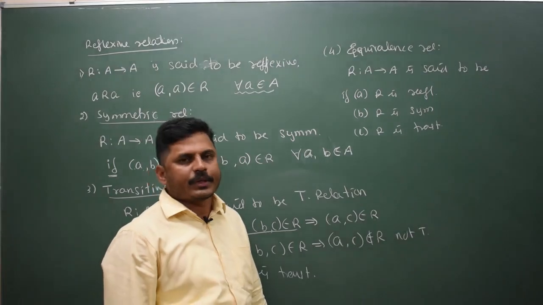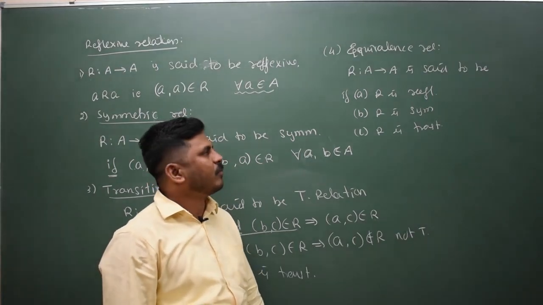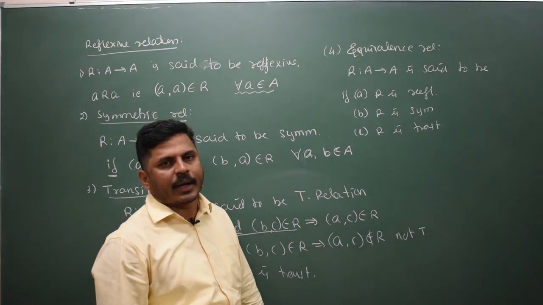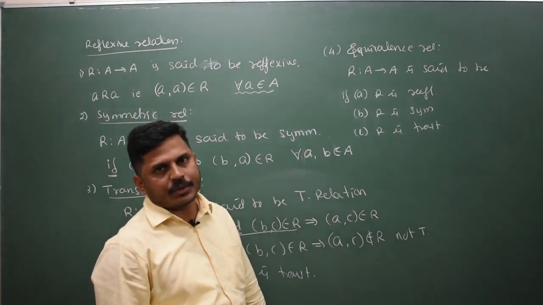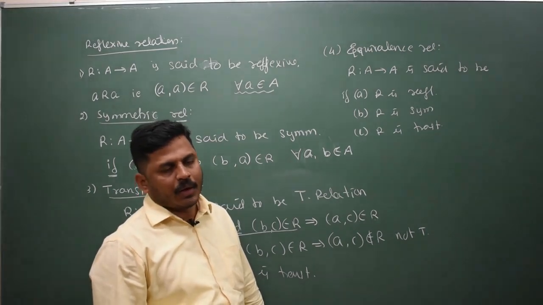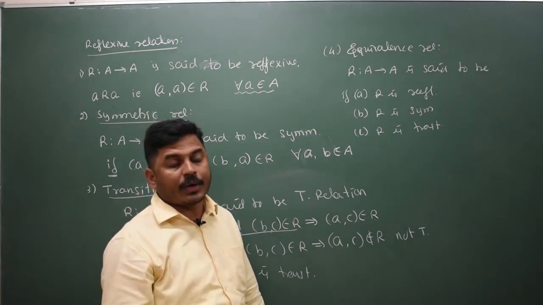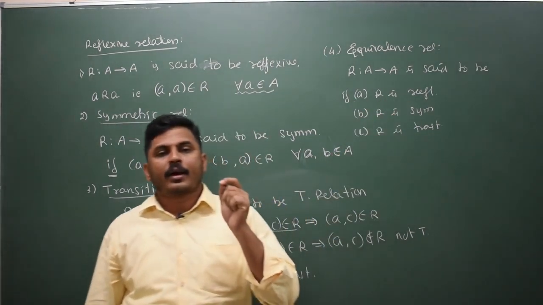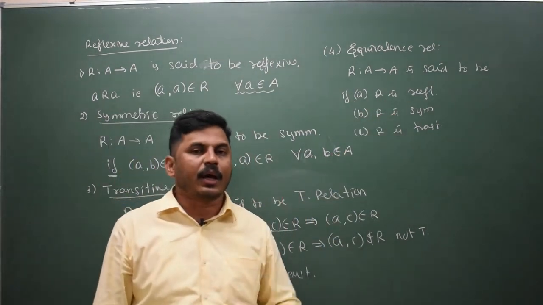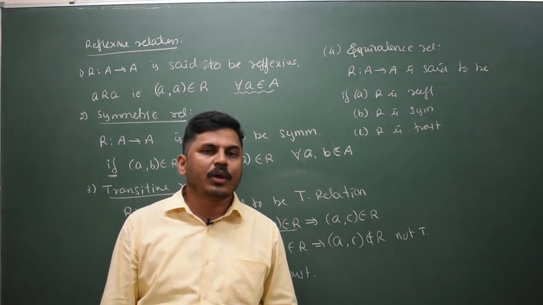Reflexive, symmetric, transitive. If all three hold, that type of relation is called equivalence relation. So the relation is said to be an equivalence relation if R is reflexive, symmetric as well as transitive. Only if all three hold is it said to be an equivalence relation.